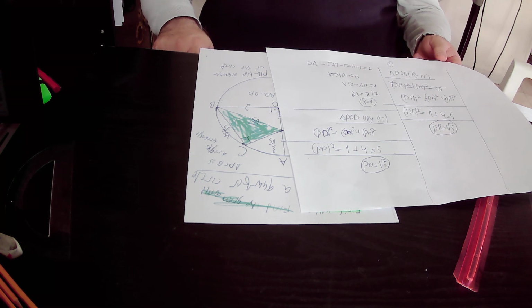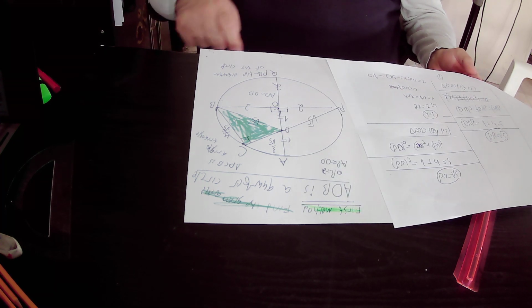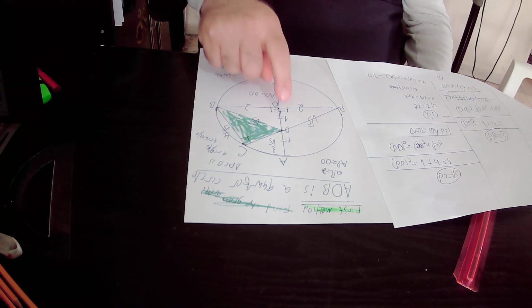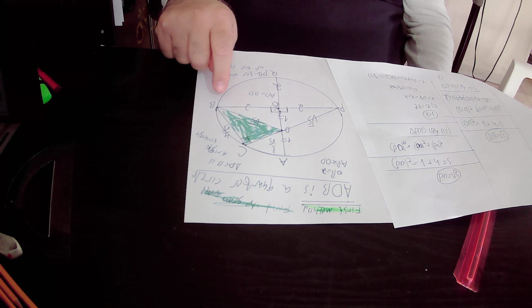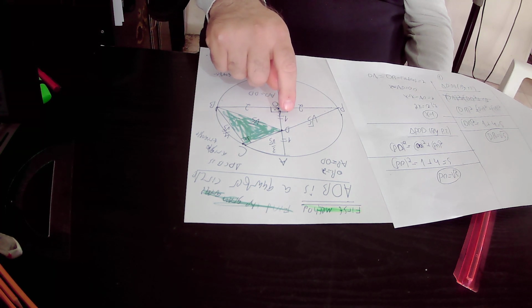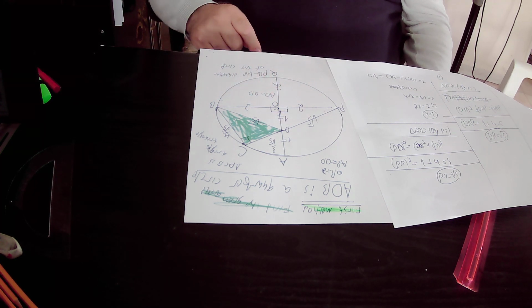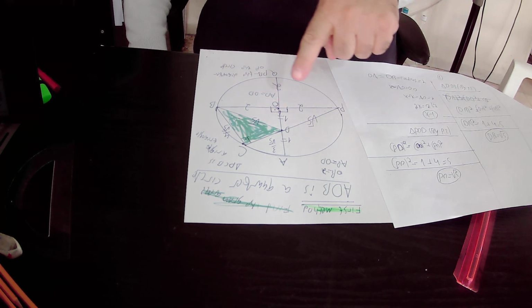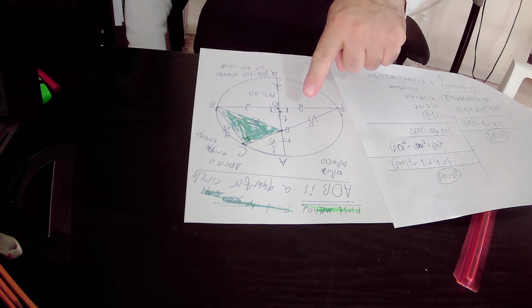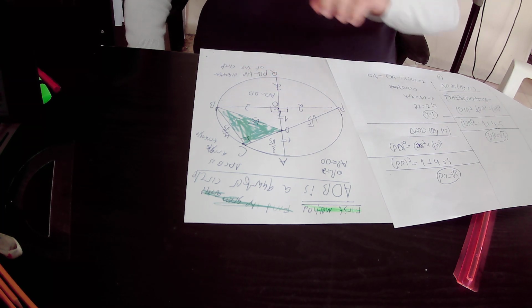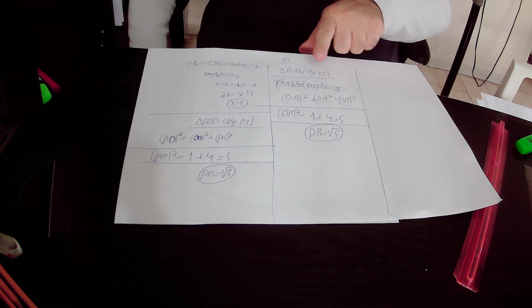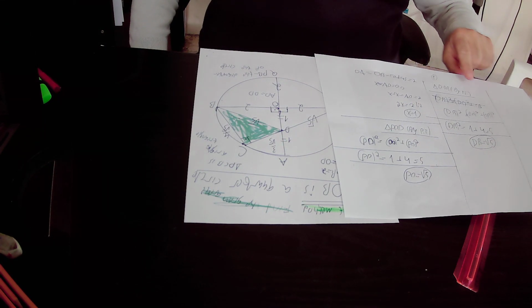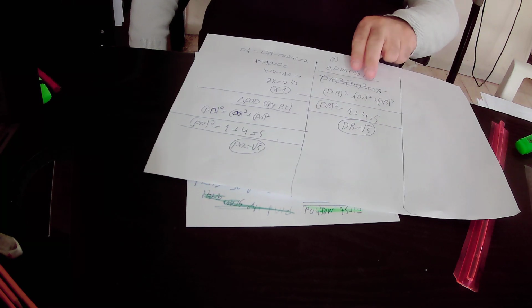Then we focused on the right triangle DOB. According to the Pythagoras theorem, DB squared equals DO squared plus OB squared.